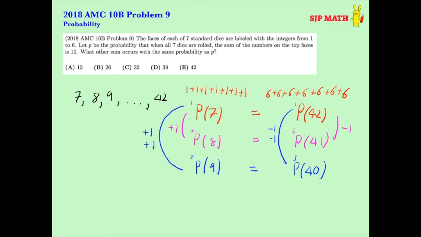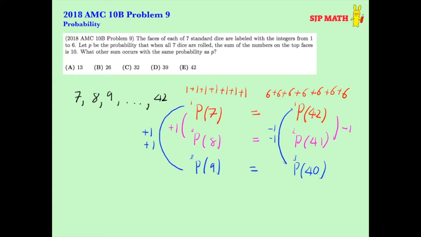This is because the number of ways to add a certain number of ones to an assortment of 7 ones, which is the smallest possible sum, is equal to the number of ways to take away a certain number of ones from an assortment of 7 6s, which is the largest possible sum.